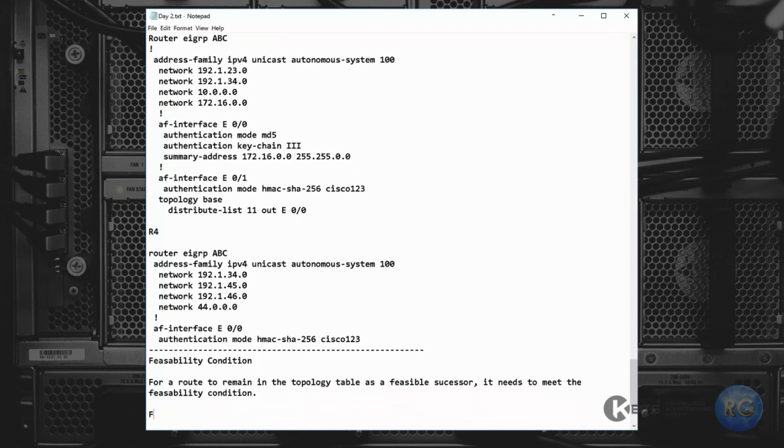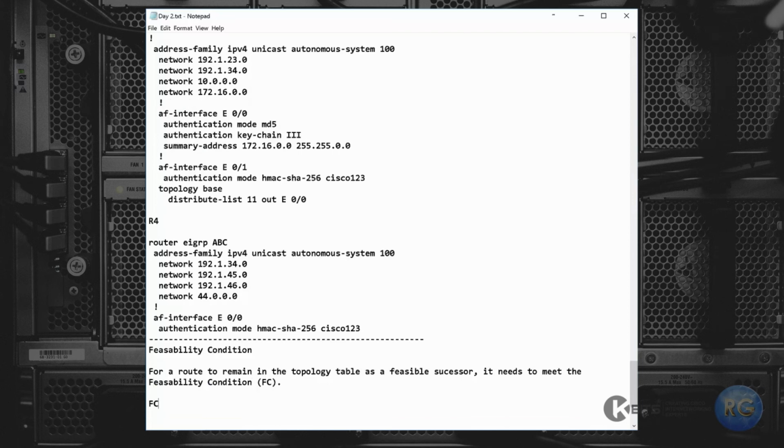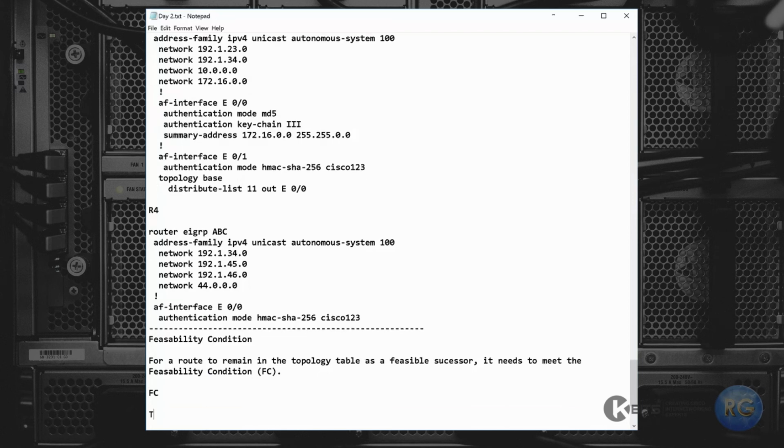And what is the feasibility condition? FC. The neighbor's cost to the destination should be better. Better means what? Lower than my successor cost.